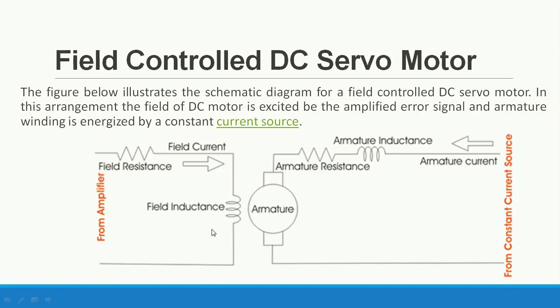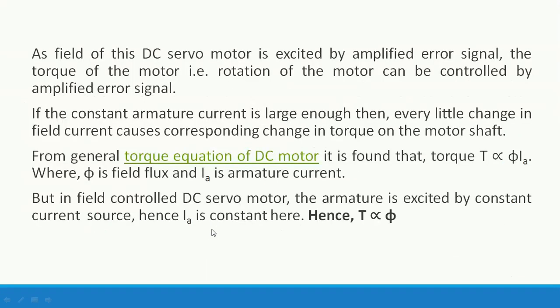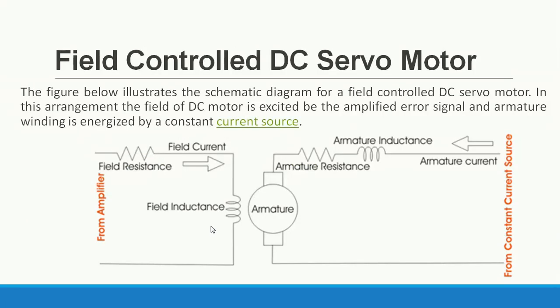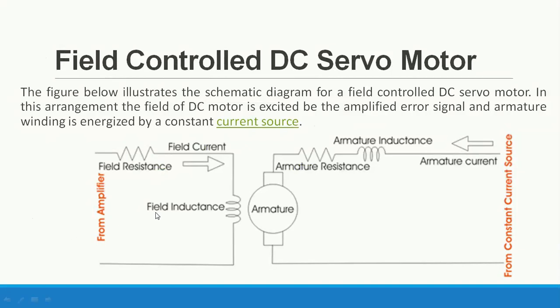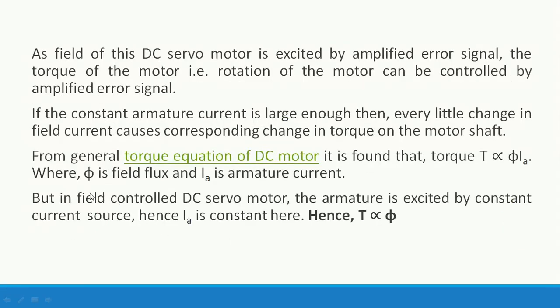So if the armature current is large, a small change in your field current can also cause a corresponding change in the torque of the motor shaft. Remember that the torque is controlled by the amplified error signal.